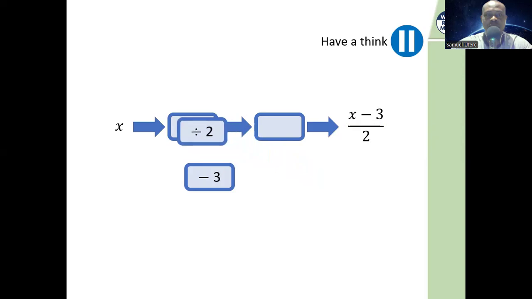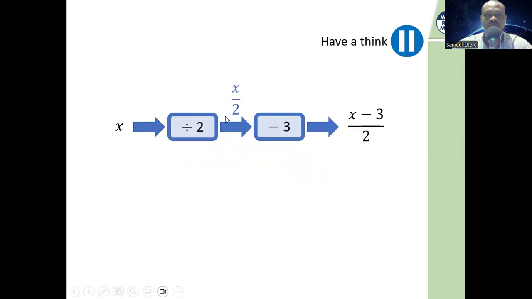X divided by 2 will look like this. You should remember from early lessons in algebra that we already know how to write these algebraic terms. So x divided by 2. Now we subtract 3. So this is what it would look like.